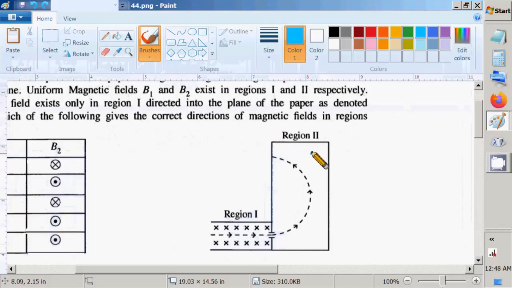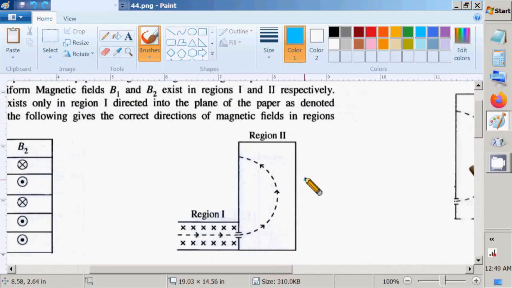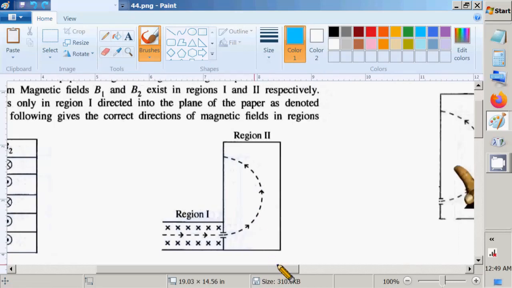Now let us try to decide the direction of magnetic field in this region 2. In this region 2, no electric field is applied. The only force is magnetic force.